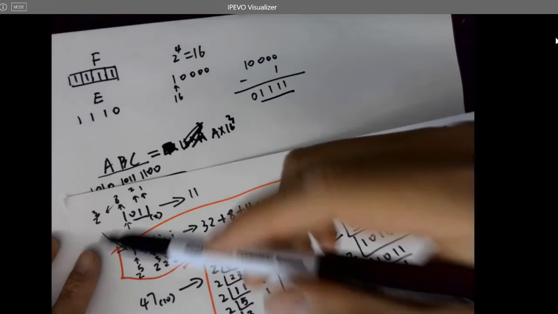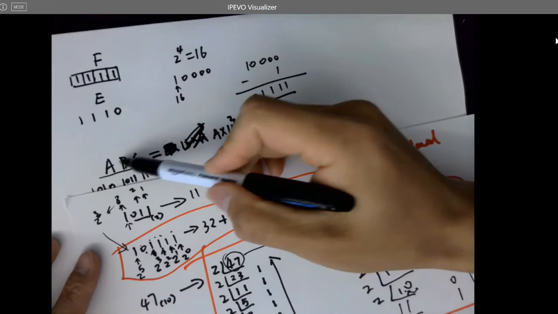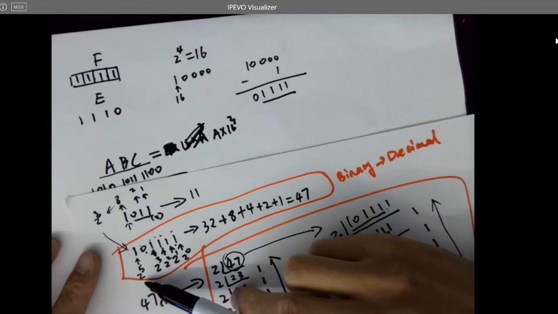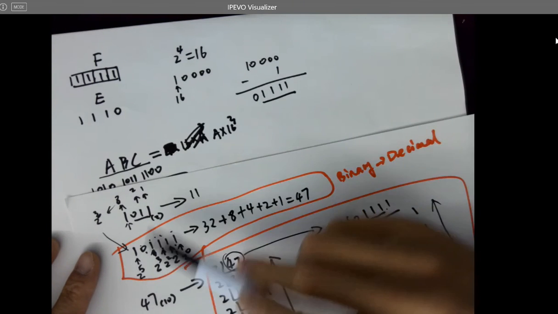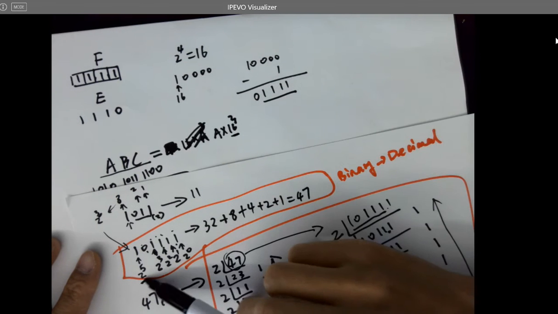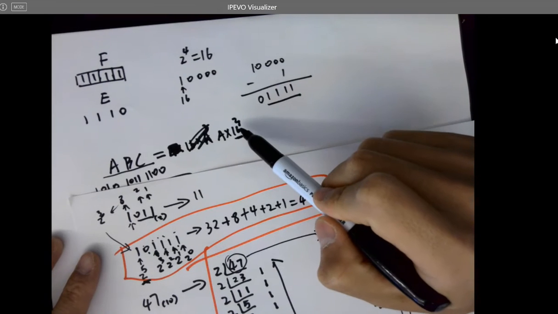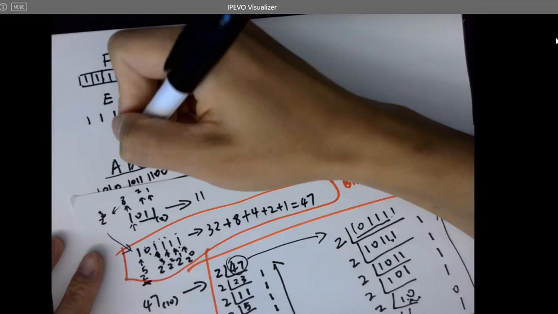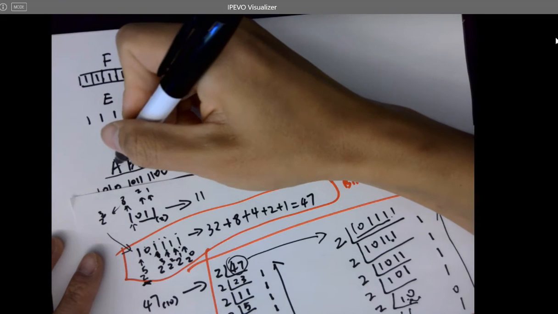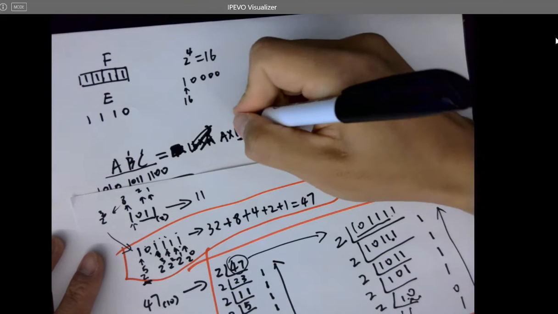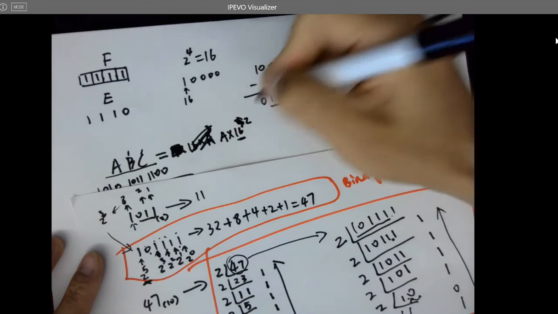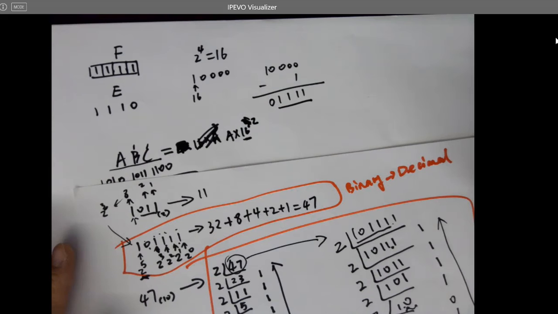These 1010s are like ABC. So 16 is like the 2 here, and because I only have 2 digits trailing this A, it should be the second power.